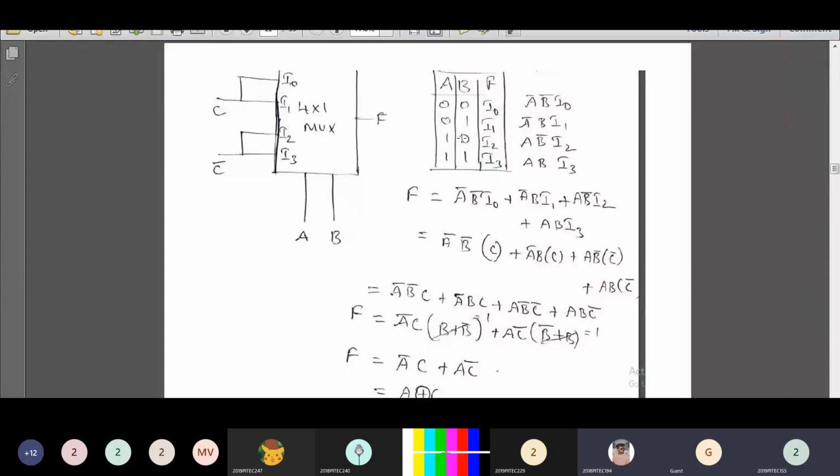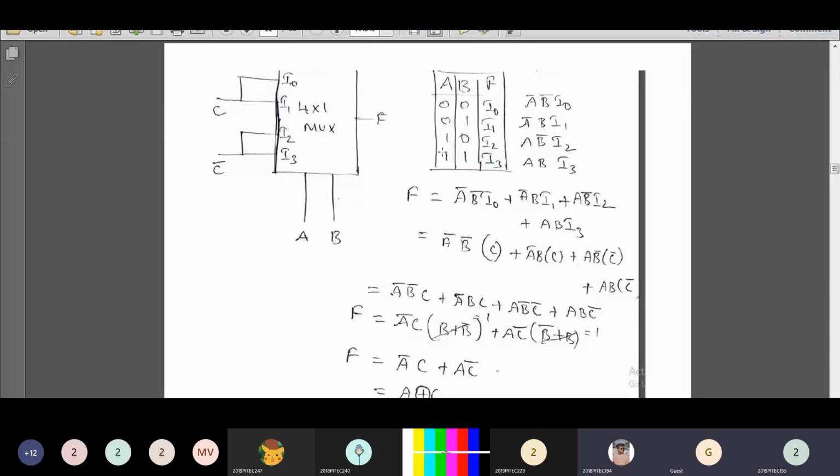That is written in the table. Next, you have to write the output. When your selection input is 0 0, I naught is selected at the output. Next one, when your selection inputs are 0 1, I1 is selected at the output. Next one, when your selection inputs are 1 0, I2 will be selected at the output side.